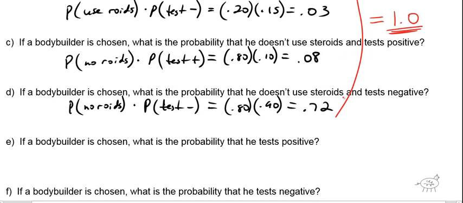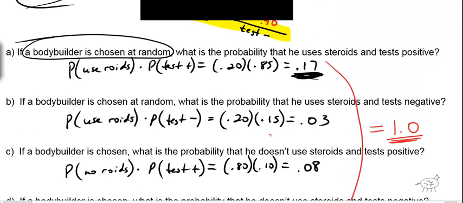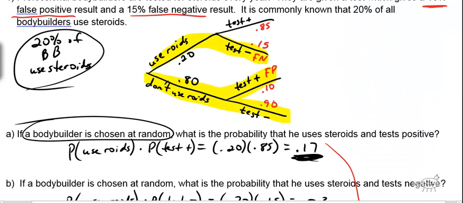If a bodybuilder is chosen, what is the probability he tests positive? So I'm just telling you now he's testing positive. So what you need to do is go back to our chart up here. All right, I'm going to get rid of these yellow lines here. Okay, so again, if the bodybuilder is chosen, what is the probability he tests positive?